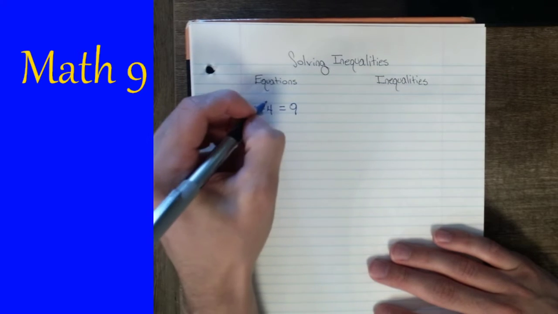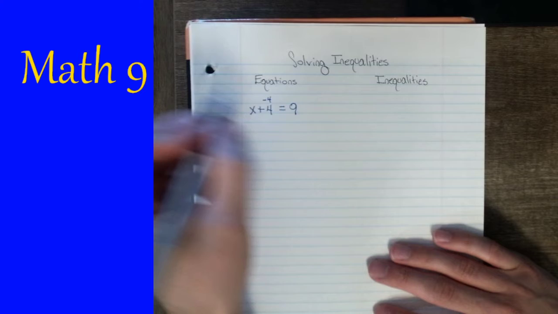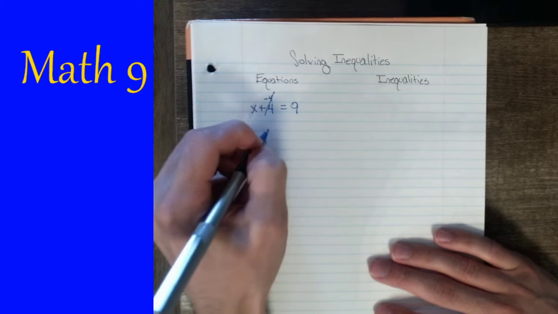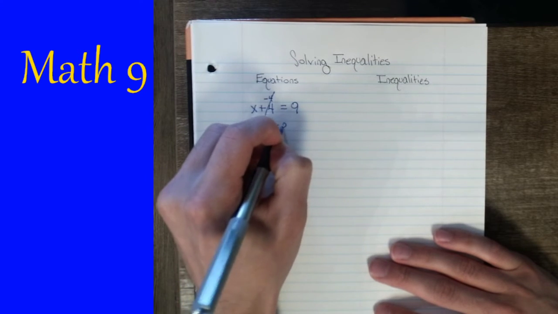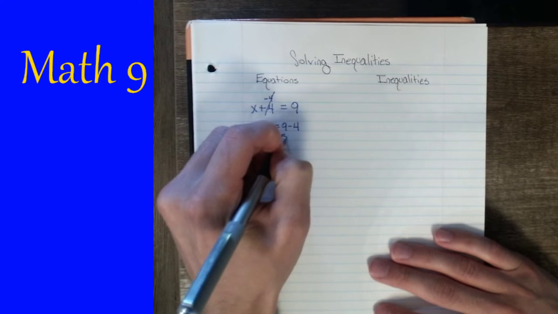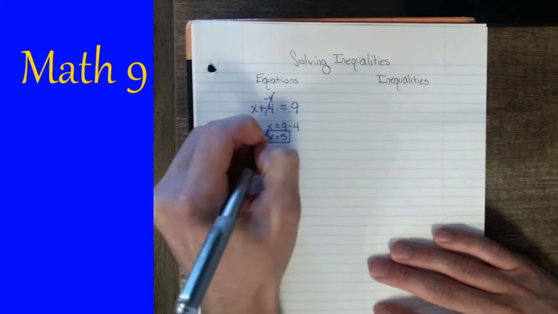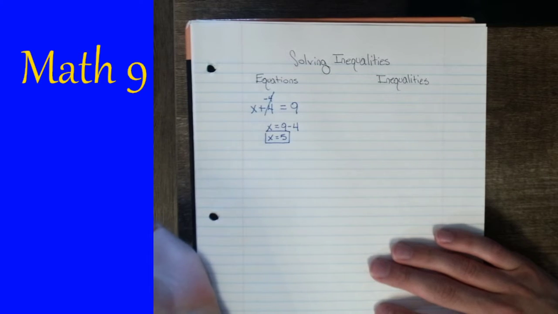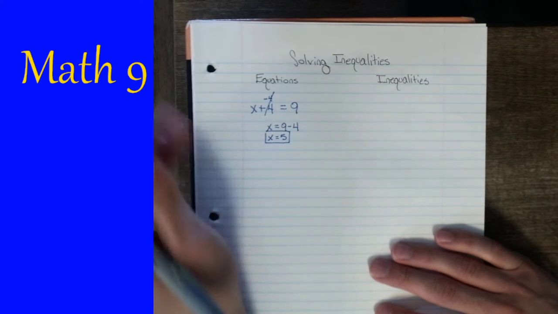In order to isolate x, I'm going to subtract 4 from both sides. X is equal to 9 subtract 4, so x is equal to 5. Okay, so that's how we solve that particular equation.